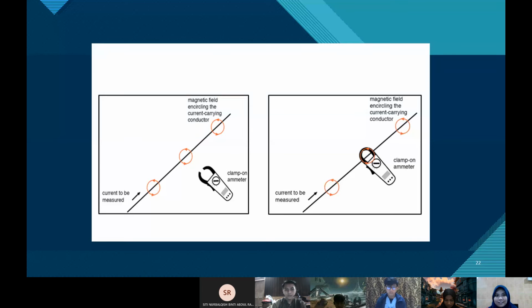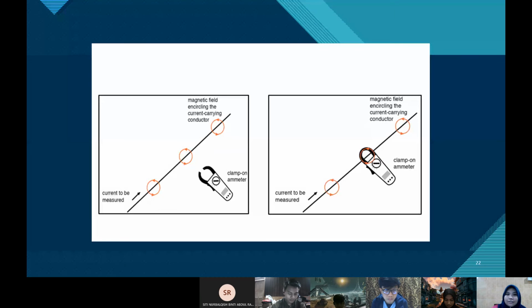Okay, next, look at the diagram. The clamp meter, the current to be measured, the magnetic field circling the current-carrying conductor.